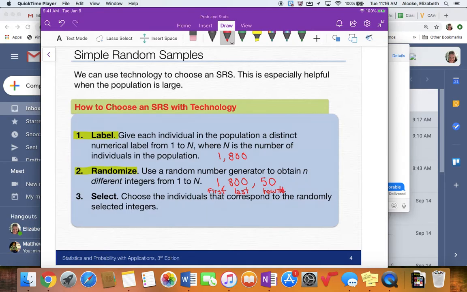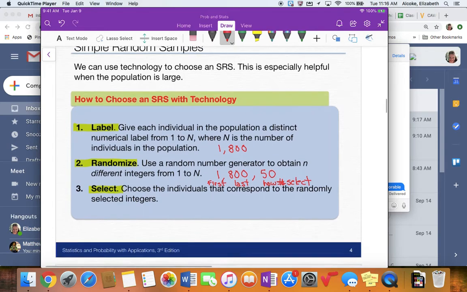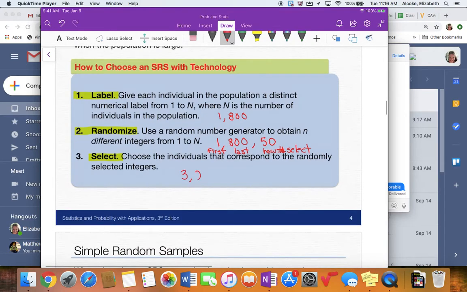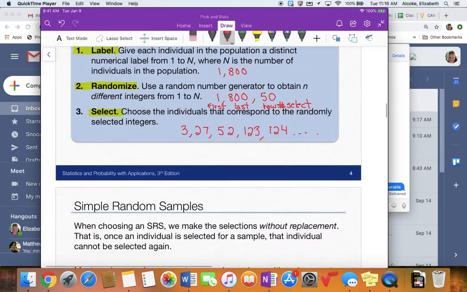Then choose the individual that corresponds to the selected integers. So I might say 1 to 800, spit out 50 numbers, and it's going to give me 3, 27, 52, 123, 124, and it's going to give me 50 of those, and then I would look at a roster and find the students that correspond to that.